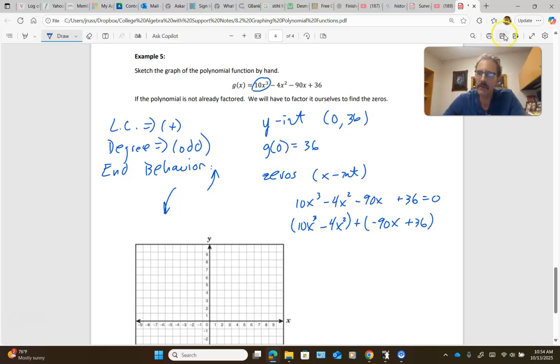And then what we do is we factor out a greatest common factor from each of these groups. So for my first group, I can see a 2, and I can see they both have at least x squared. So I'll take out a 2x squared. If you factor 2 from 10, you're left with 5.